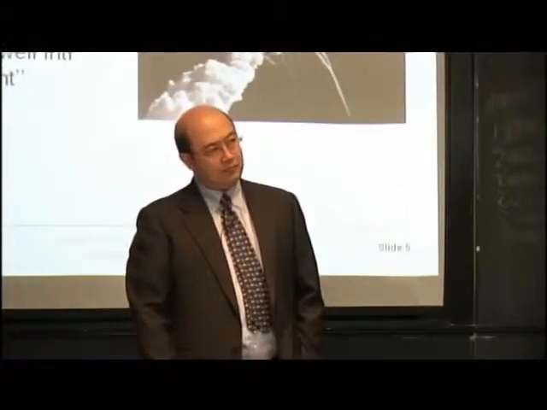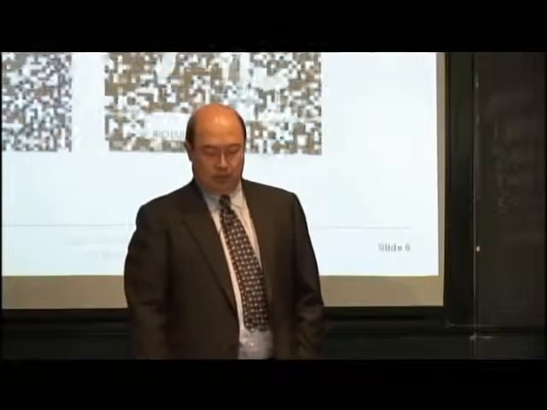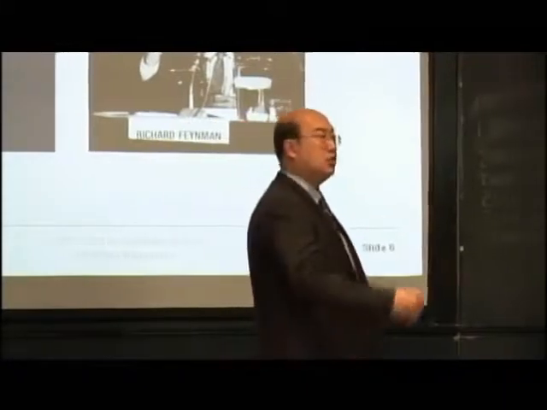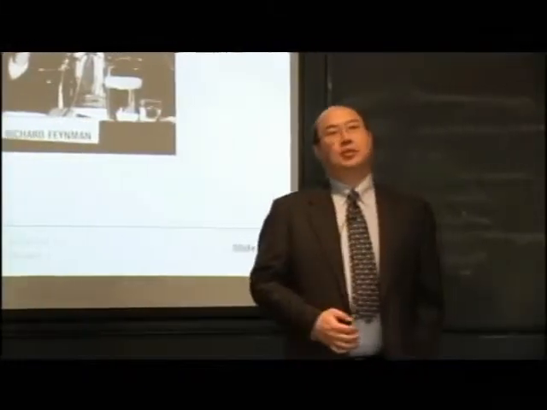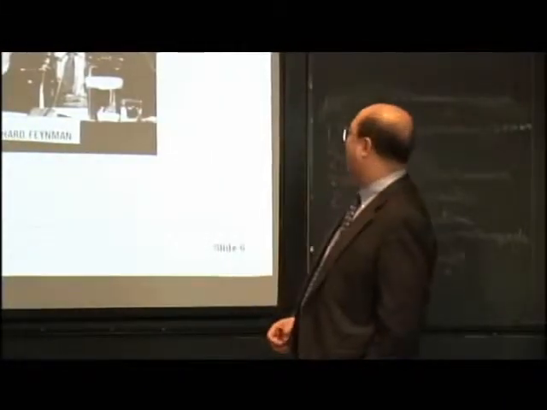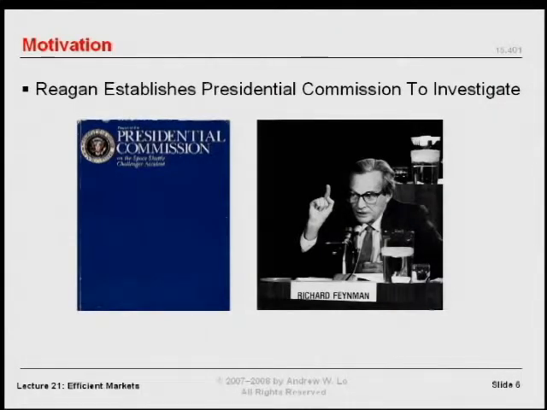And over the course of the next several months, a presidential commission was impaneled to study what happened with the space shuttle explosion. And many of you know the physicist Richard Feynman was on that panel and wrote a dissenting opinion about what happened.